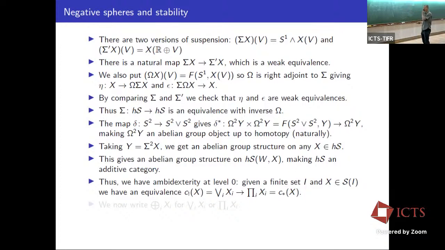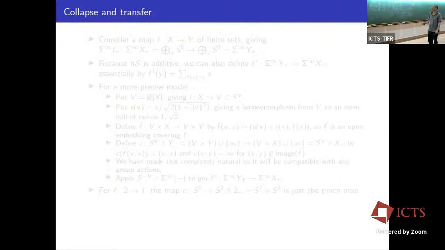I'm not going to try to be more precise about that. And so we can think of this as being the wedge or as being a product, or because we're in an additive context now, it's reasonable to write this as the direct sum. Okay, so there's our additive structure.